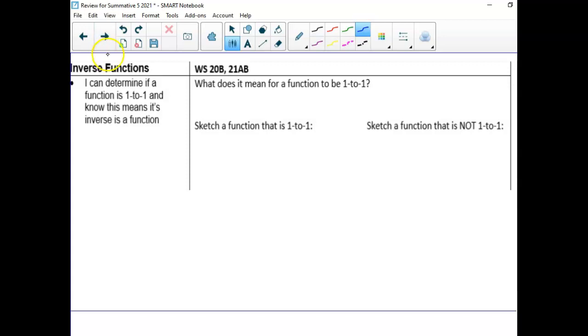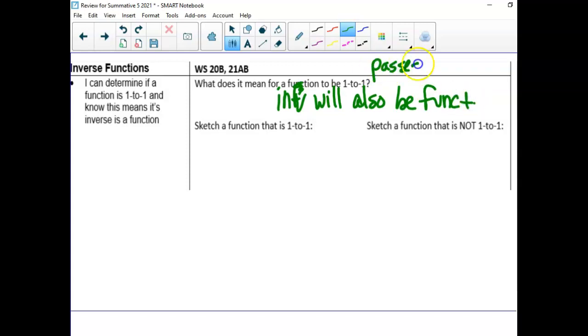Now, oh, we still haven't done inverses. All right, I'm going to record the rest of this if we don't get through it, but what does it mean for a function to be 1-to-1? Its inverse will also be a function. And it means it passes both the horizontal and vertical line test.